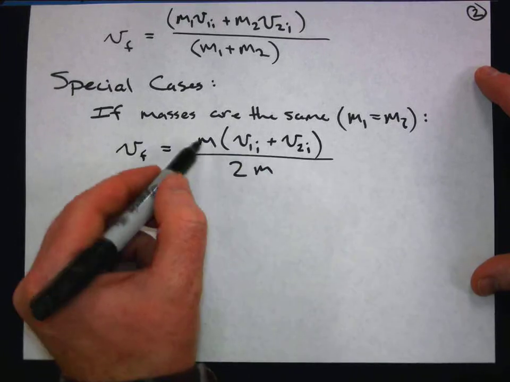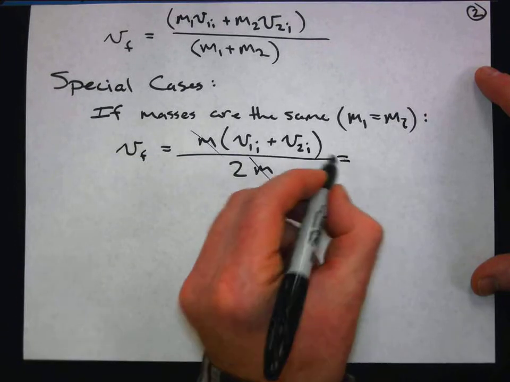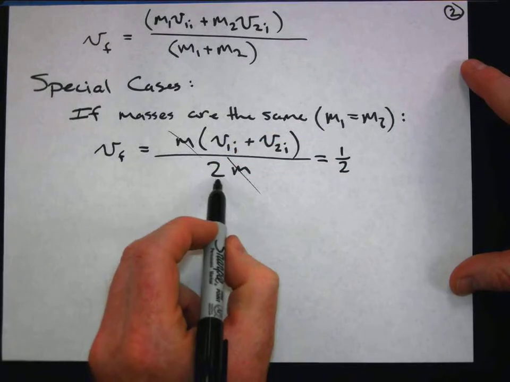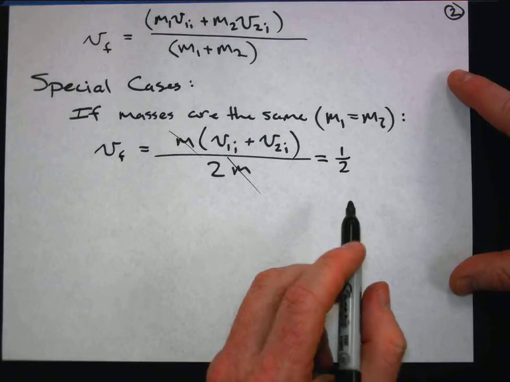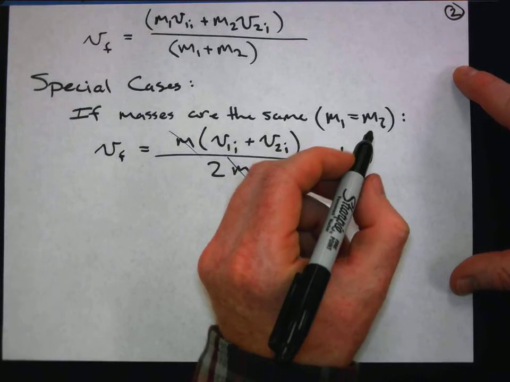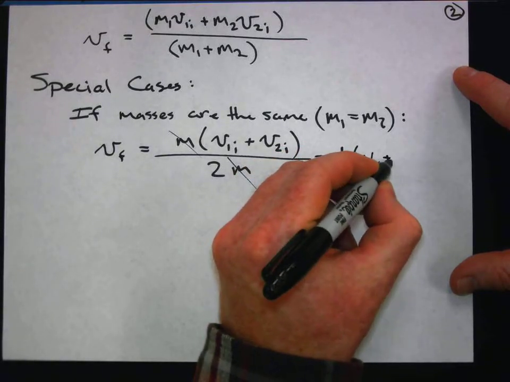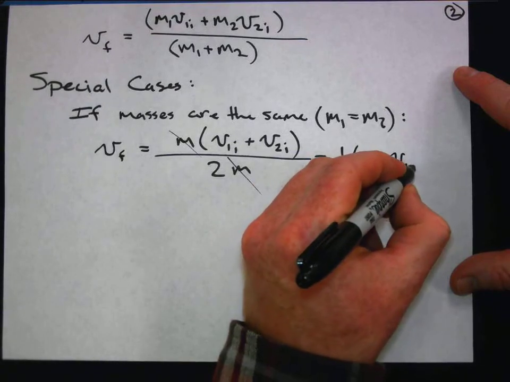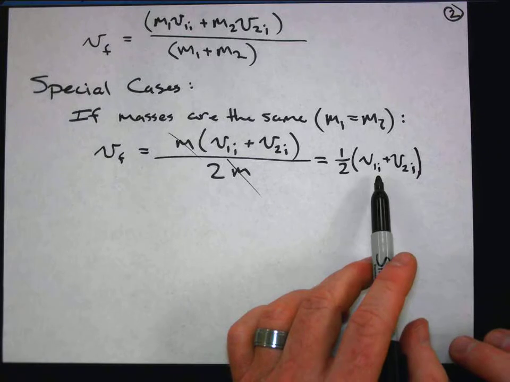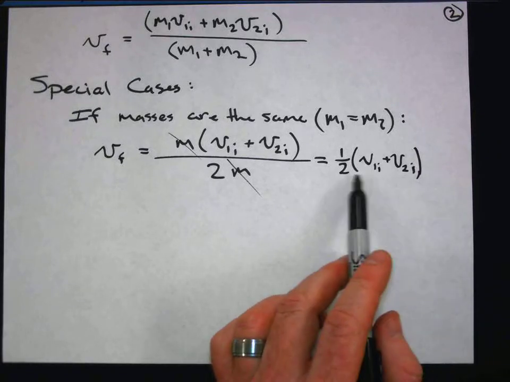The masses cancel out, right? And we see 1/2. I've got the 2 in the denominator, 1/2, multiplied by the sum of those initial velocities. Well, look at what's going on here. I'm adding two velocities and dividing by 2.